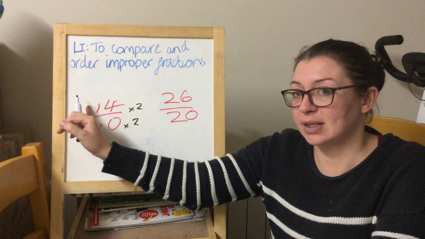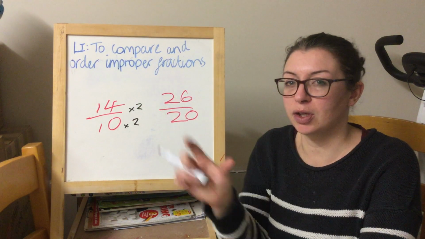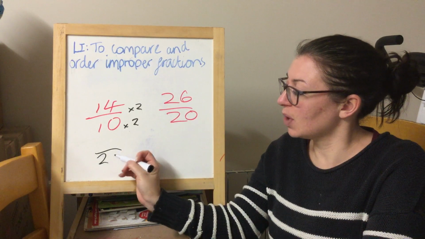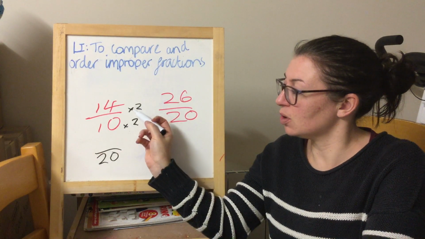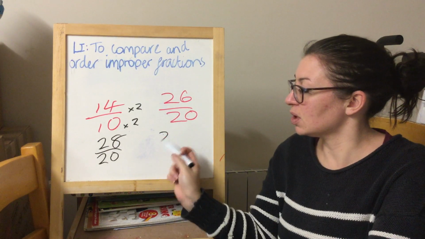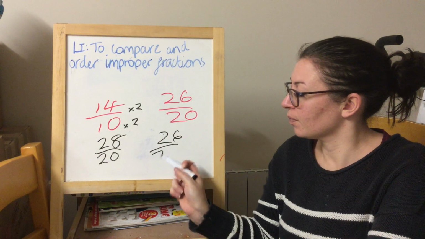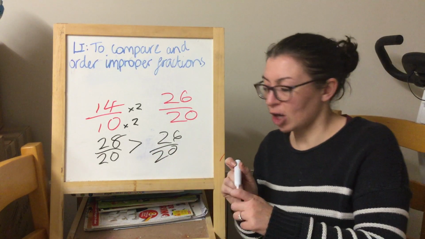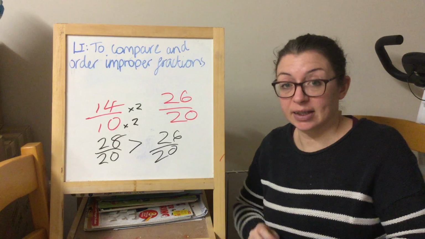So that has to be the same amount as well. We're not changing how much of the pie we're getting. So to make this over 20, we need to do 14 times 2, which gives us 28. Which means that 28 is bigger, is greater than 26.